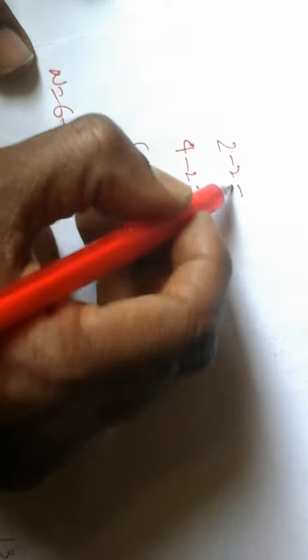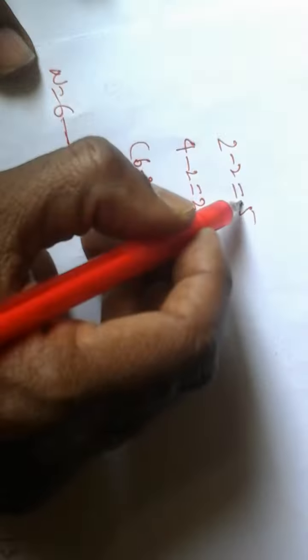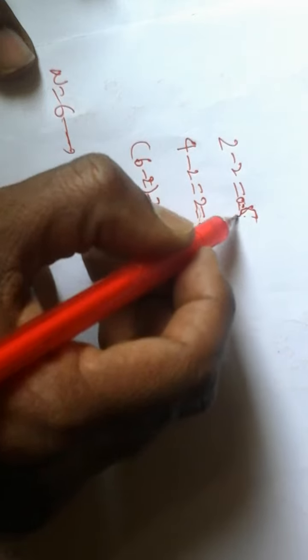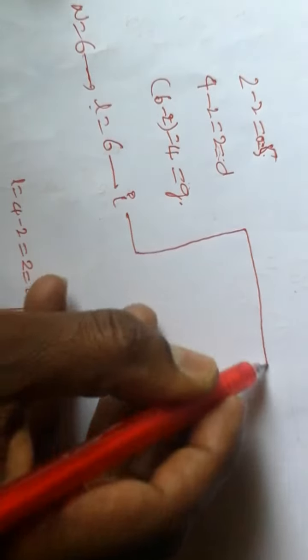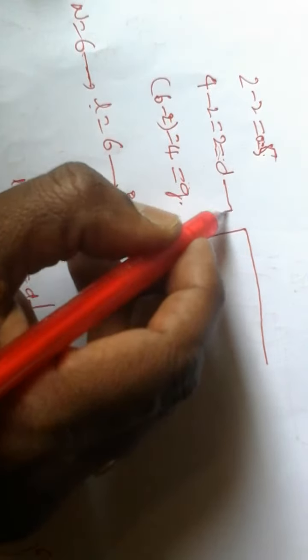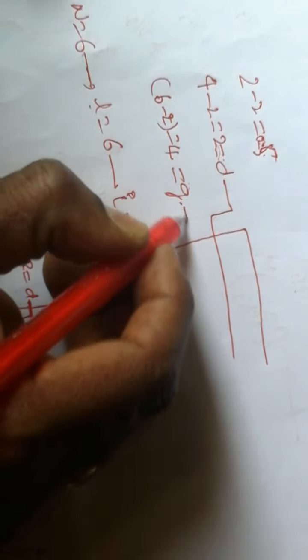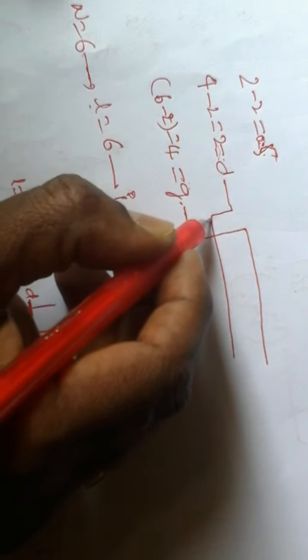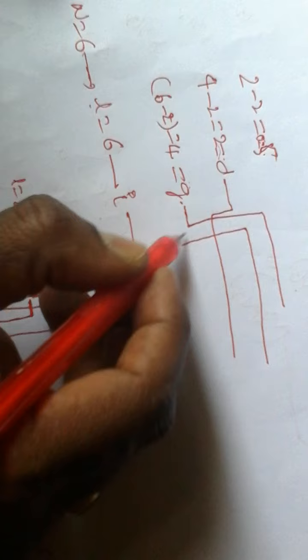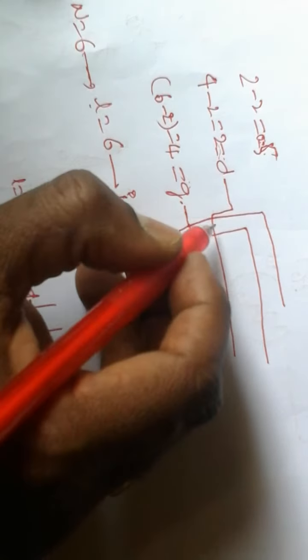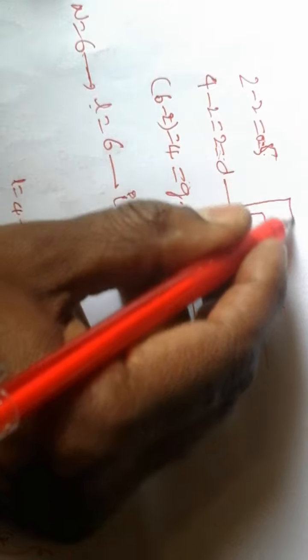So 2 minus 2, yes, 0. 0 means yes, so carefully I can write here S. So I is going to overlap with G, D. So I can write here like this, and here I can write this is 1. This one I can write like this.